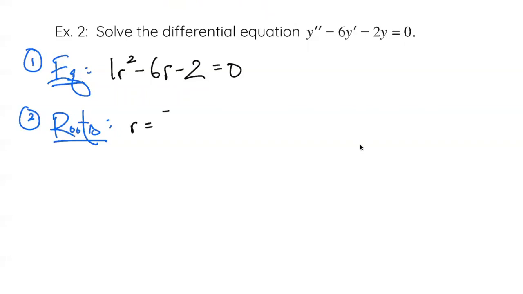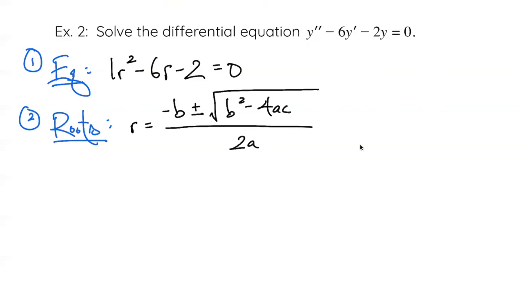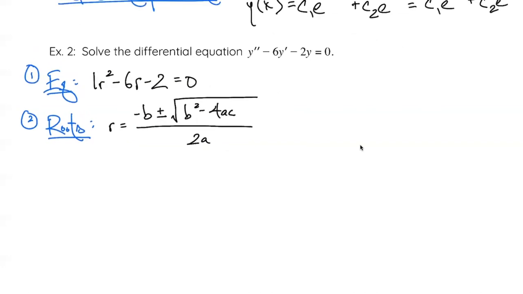But we have our negative b plus or minus the square root of b squared minus 4ac all over 2a. And if you know the tune for Pop Goes the Weasel, there is a song that goes with the quadratic formula. I do not sing, so I will not be showcasing that, but you are welcome to sing through it in your head. I know, I feel like there are these things that stick with you for a lifetime, and it's kind of neat.